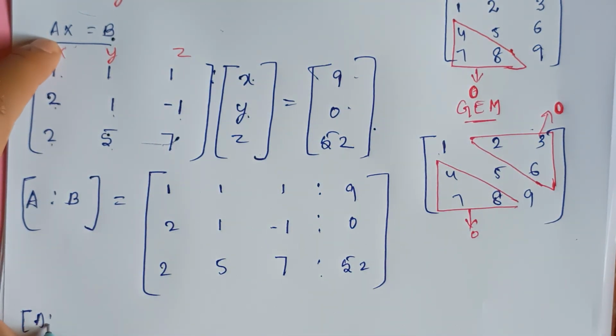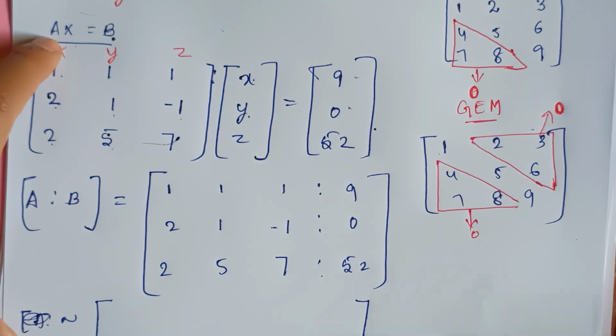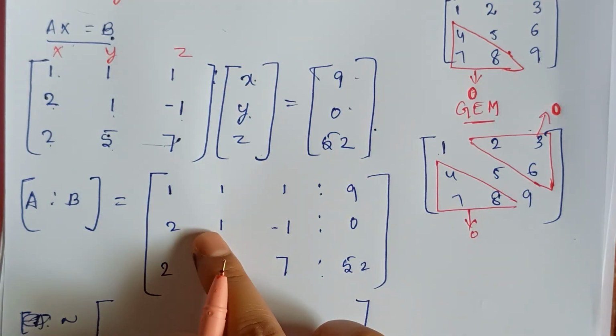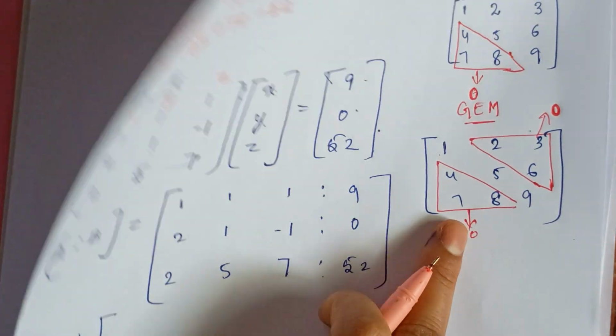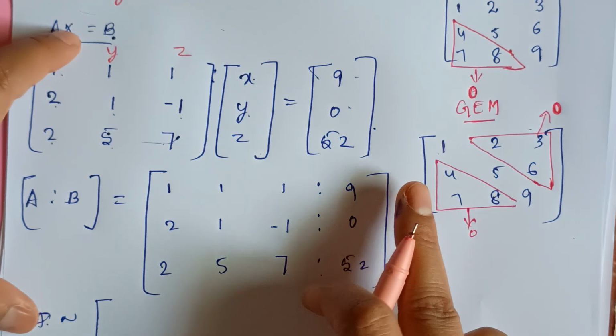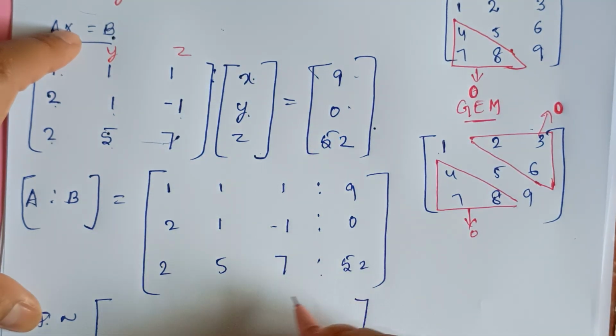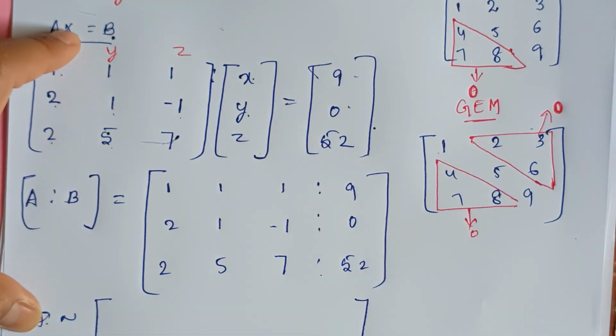Now, I am going to perform some row transformations in order to obtain the entire matrix in this format. To perform that row transformation, first I'll keep my row 1 as it is.